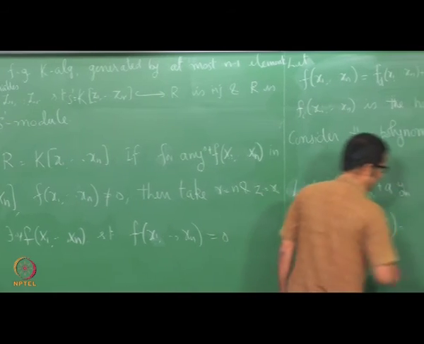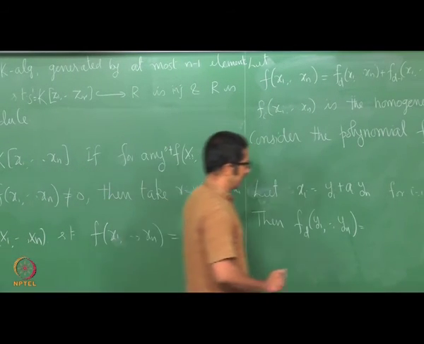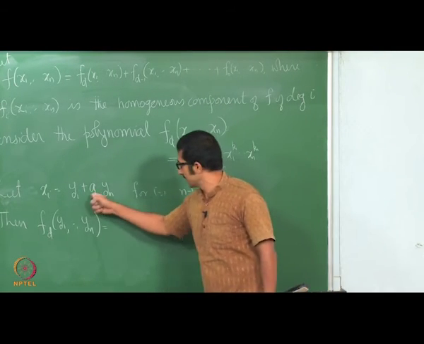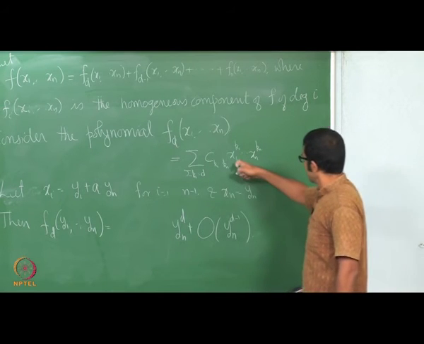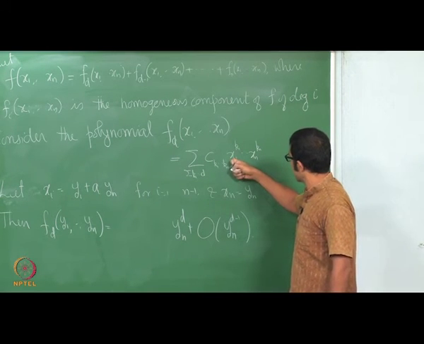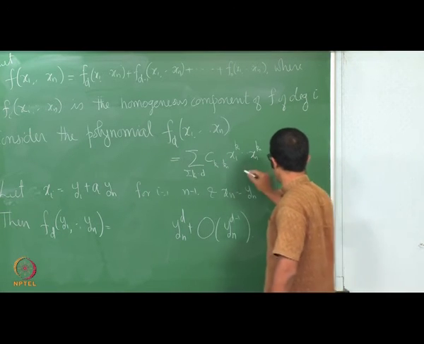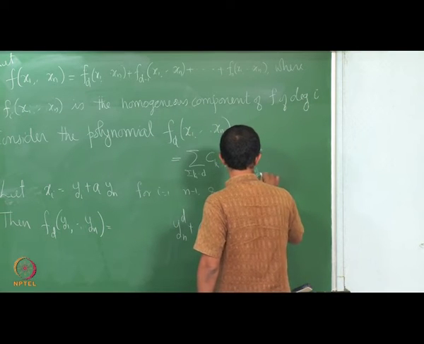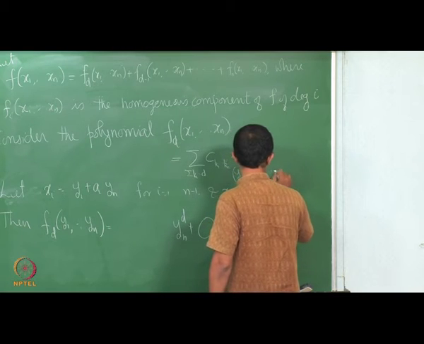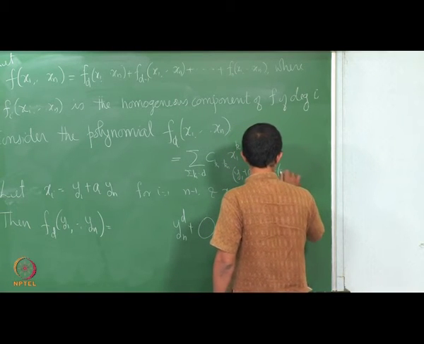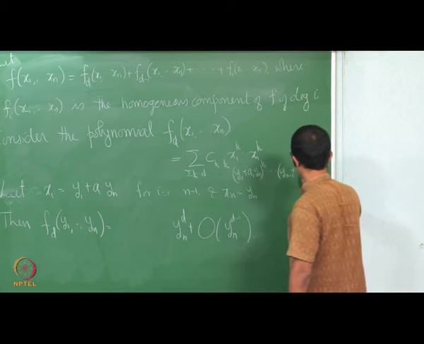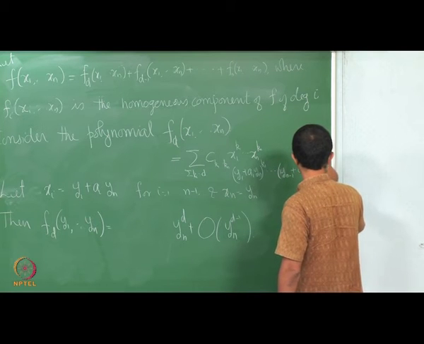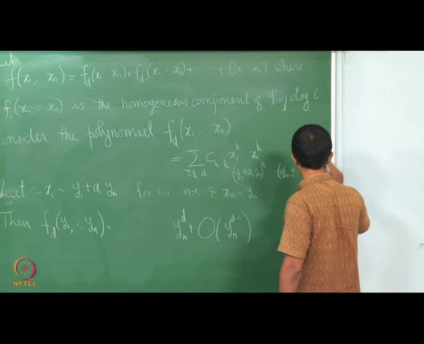Now, what would be the leading coefficient here? See, I am substituting x1 by this one. I am writing y1 plus a1 yn whole power k1, up to yn minus 1 plus a n minus 1 yn whole power k n minus 1, times yn whole power kn.